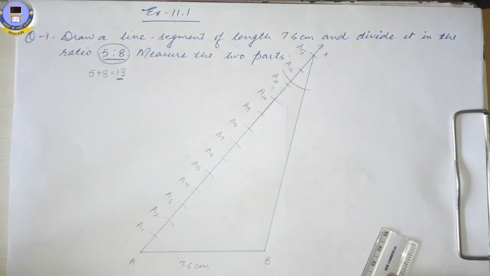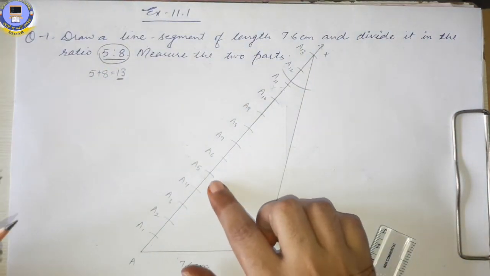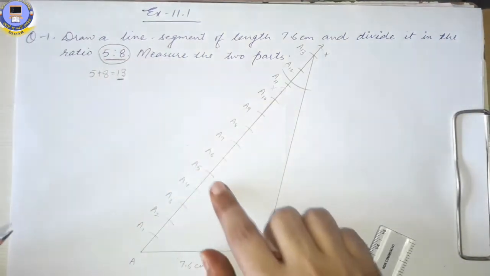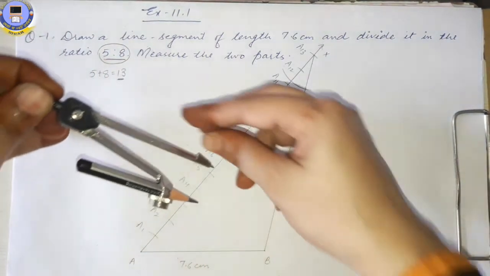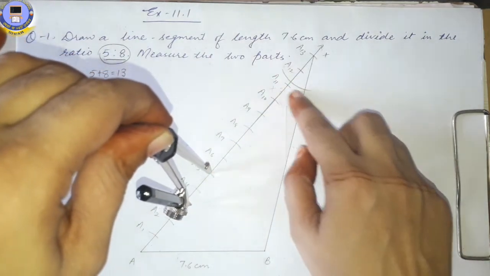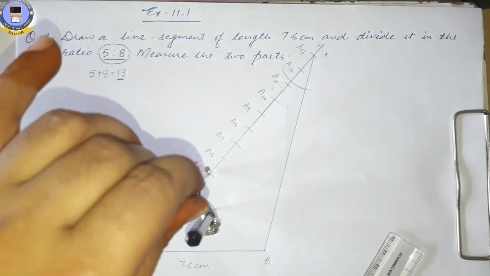Okay, with the same radius you have to keep your compass pointer at A5, because we have to divide in 5:8. On A5 you have to keep your compass pointer with the same radius. With the same radius with which you cut this arc, you have to cut an arc.